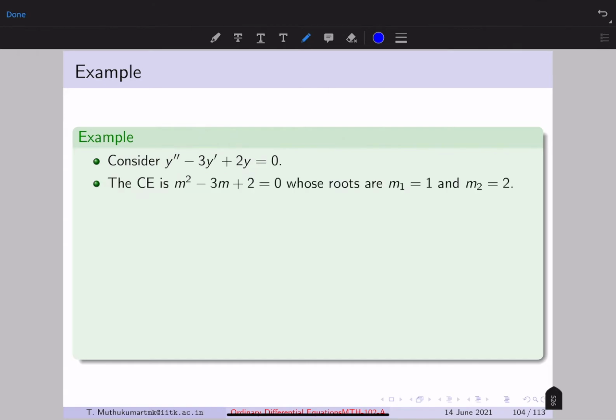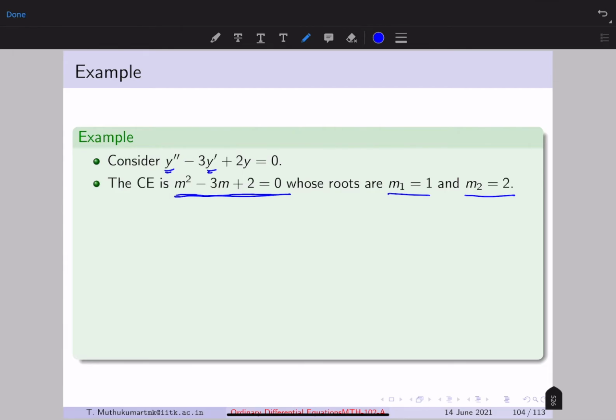The characteristic equation is m square minus 3m plus 2 equals 0, which you can solve. They have two roots, m1 equal to 1 and m2 equal to 2, and they are distinct roots, m1 is not equal to m2.